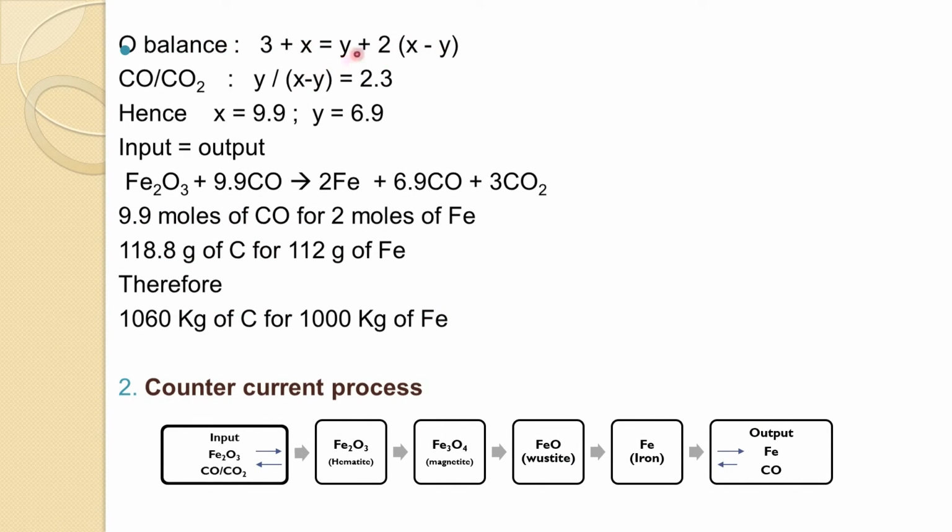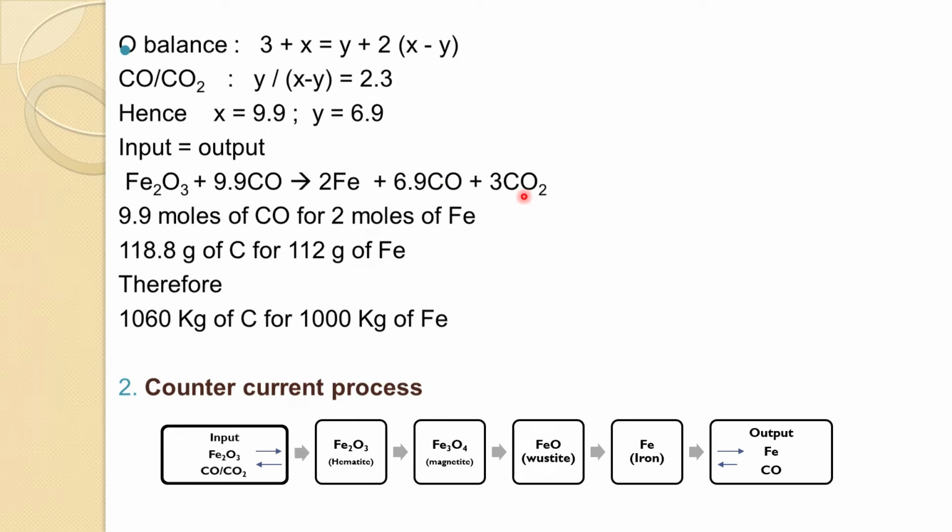If you solve these two equations, oxygen balance and the ratio, we get x 9.9 and y 6.9. So, this is when hematite is getting reduced to iron, you need 9.9 mole of CO and 6.9 mole CO comes out and 3 moles of CO2.